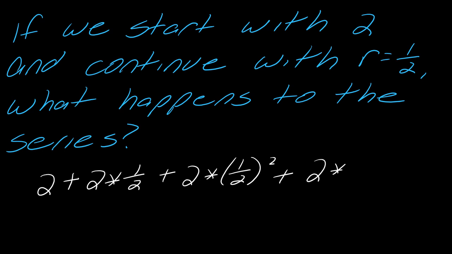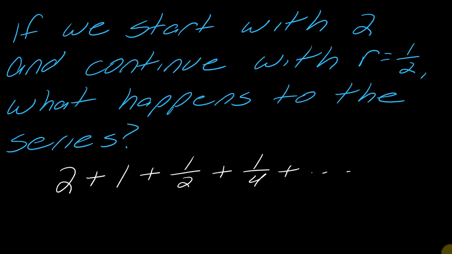We're just going to evaluate a couple of these. So 2 times 1/2 to the 3rd. Okay, so what does this actually look like if I evaluate these terms? If I evaluate this, this becomes 2 plus 1 plus 1/2 plus 1/4, so on and so forth.